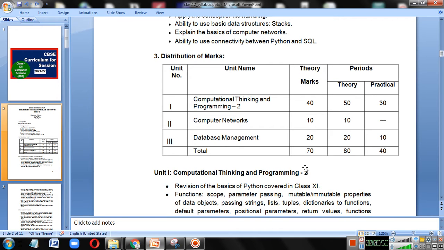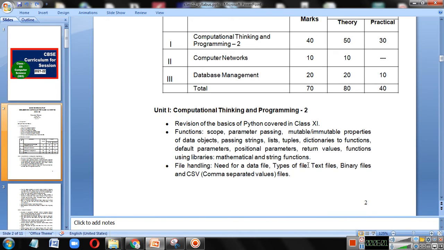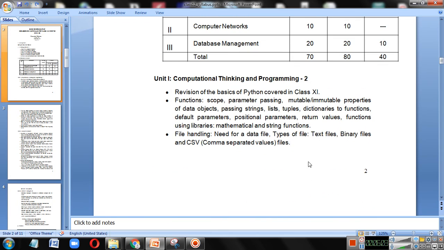What exactly is the content in computational thinking and programming 2? Let us see that. The revision of the basics of Python covered in class 11th: the concepts of Python basics as well as some important components in Python which you studied in class 11th, we are going to revise once again.